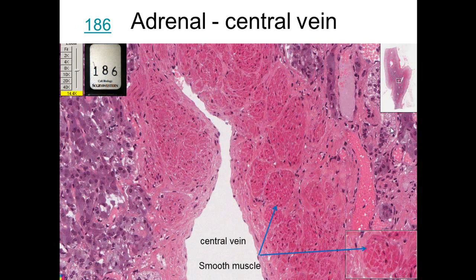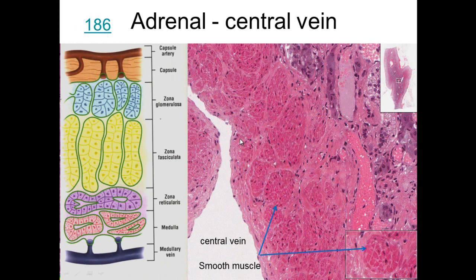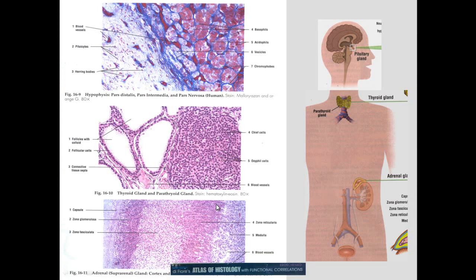See the chromaffin cells, and through there, blood comes on down and goes out the central vein. Here we see some smooth muscle, endothelial cells, connective tissue cells. This is the medulla, where you have the medullary vein draining the fluid from them, but the blood came in through here, percolates down through there, ultimately goes all the way.